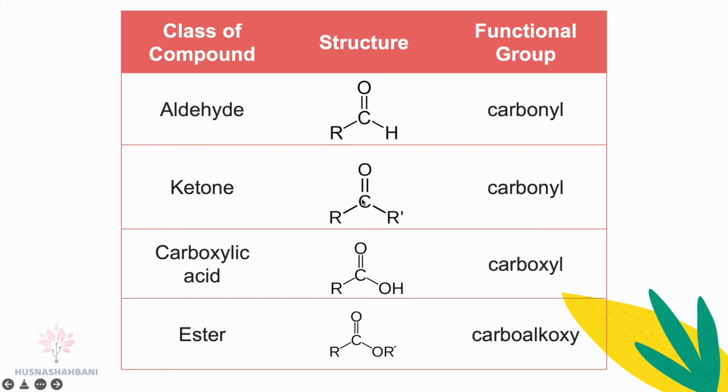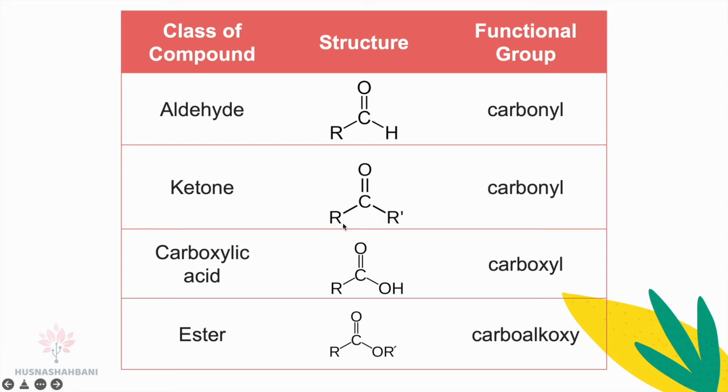Next is ketone. In ketone, the carbon is double bond O, and that carbon has no hydrogen attached. If one hydrogen is attached to the carbon double bond O, it is aldehyde. For ketone, no hydrogen is attached to that carbon which has double bond O. The R group means other group or other carbon.